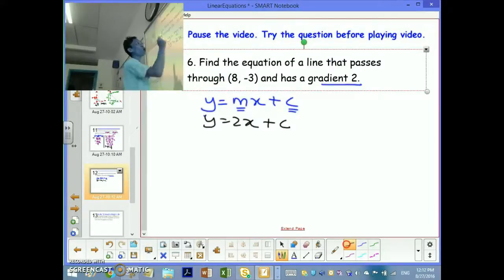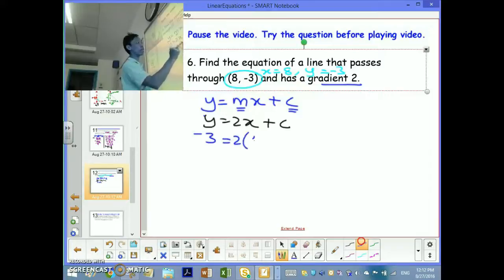Just like before, we're going to use the information given here, which is x equal to 8, and y equal to negative 3. I'm going to put this information in here. So negative 3 equal to 2 times 8 plus c. And now I solve for c. So negative 3 equal to 16 plus c.